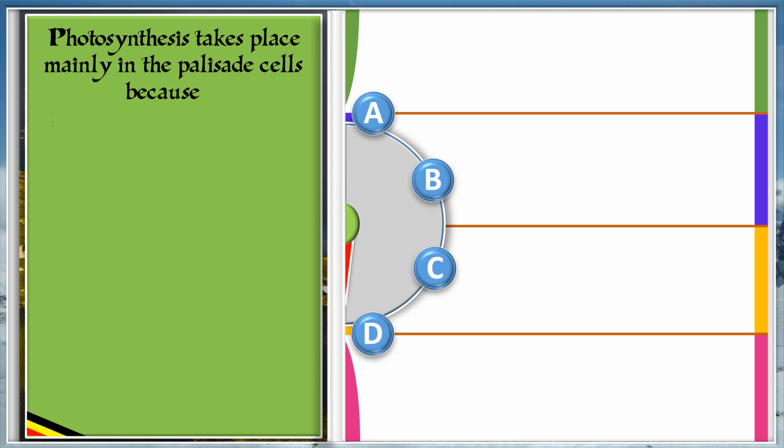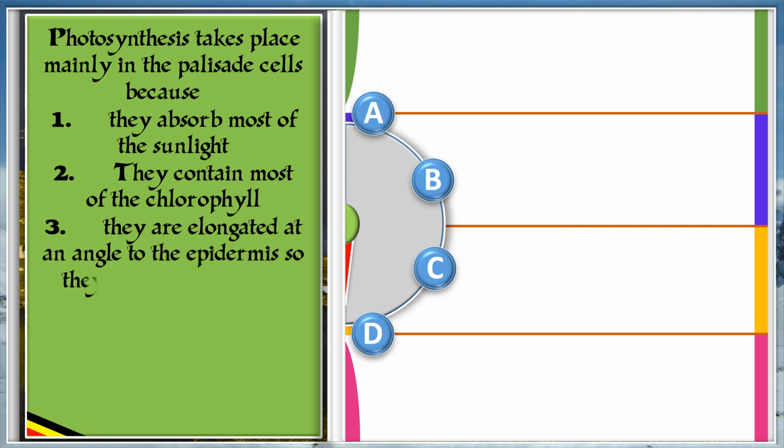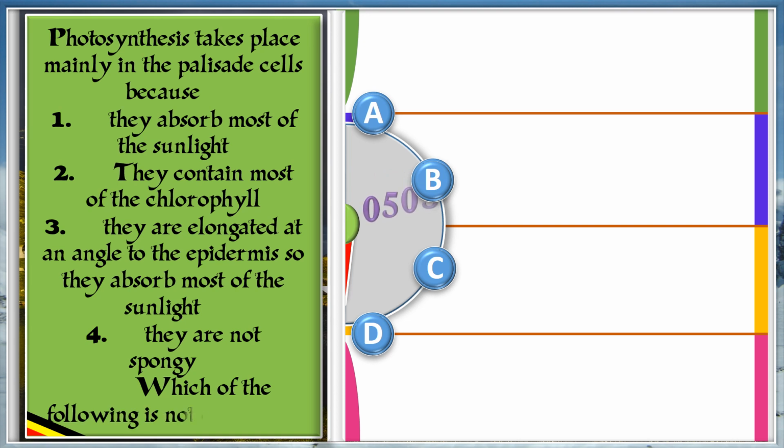Photosynthesis takes place mainly in the palisade cells because 1. They absorb most of the sunlight. 2. They contain most of the chlorophyll. 3. They are elongated at an angle to the epidermis, so they absorb most of the sunlight. 4. They are not spongy.